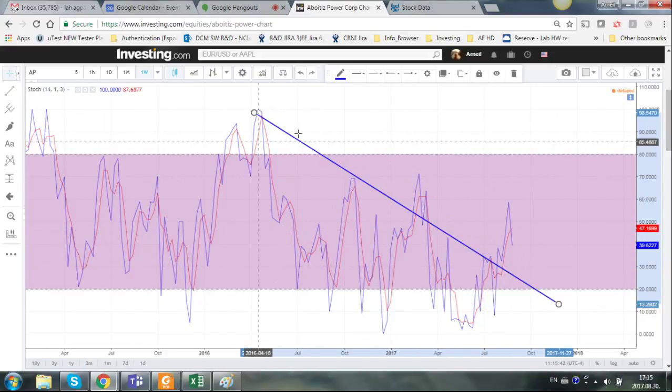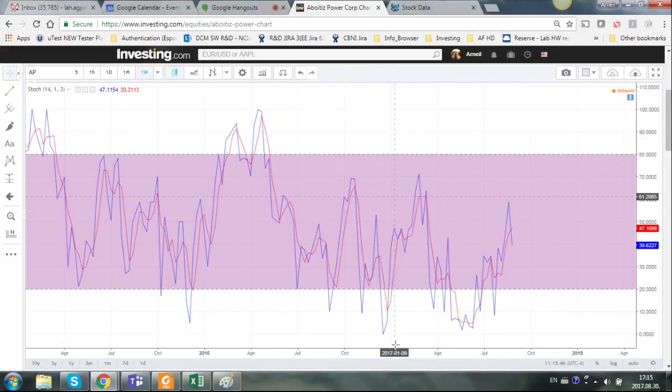So, ang basic concept ng stochastic is 60% of the time, yung price ng isang stock nasa loob lang ng area na yan. So, there is a 20% of the time na nasa taas siya, overbought, at 20% nasa baba.